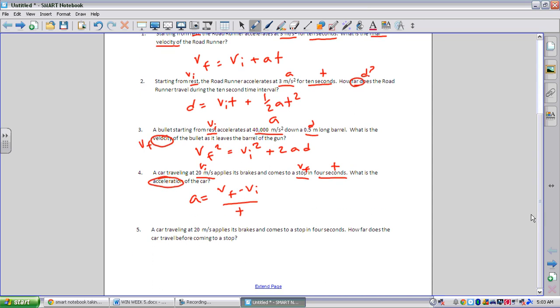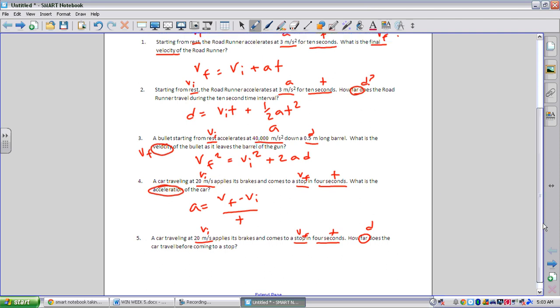Number 5, a car traveling at 20 meters per second applies its brakes and comes to a stop. So same situation. You have the initial velocity of 20. You have the final velocity of 0. And you have the time. But in this case, they want to know how far you go.